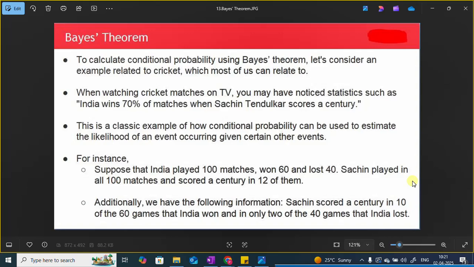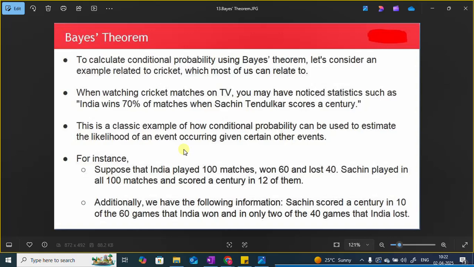For example, say in Sachin Tendulkar's entire career there are 100 matches, or maybe 200 matches, out of which he has scored a century in maybe 30 matches. Out of those 30 matches, maybe India won 25 matches and India lost another 5 matches. So this is a classic example of how conditional probability can be used to estimate the likelihood of an event occurring given a certain other event.